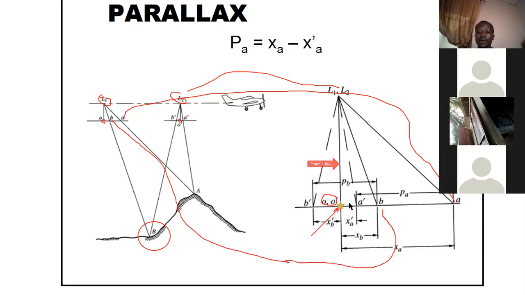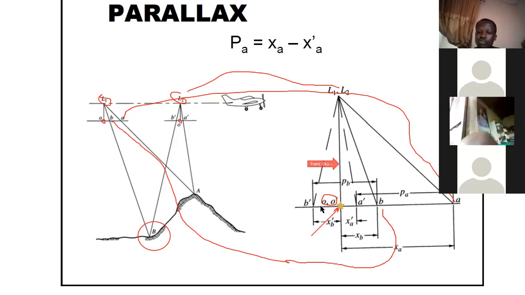Okay, so now you need to appreciate this. The aircraft has moved from L1 to L2, but then we've taken the photographs and we've superimposed them. Now, when we do the superimposition, the difference in where I was and where I am now in the X direction is the parallax of the point.